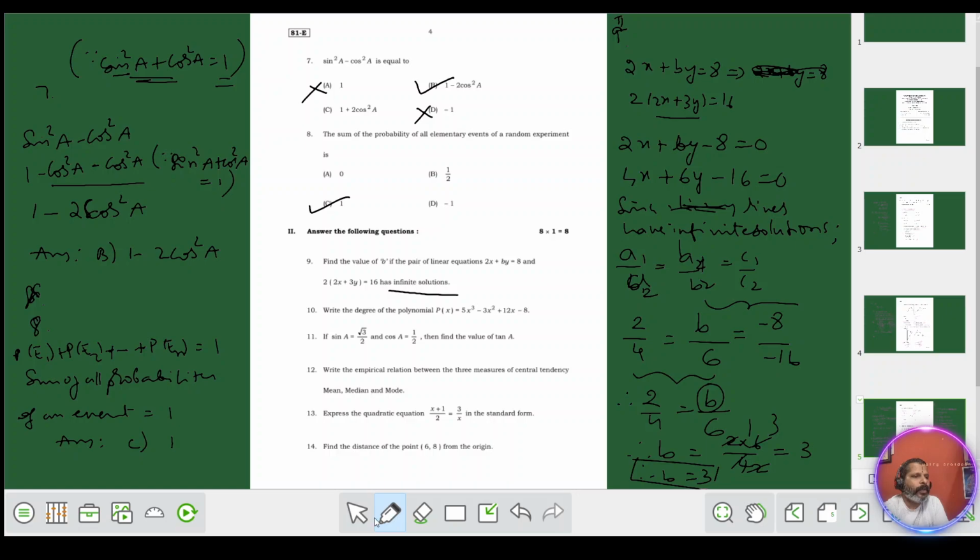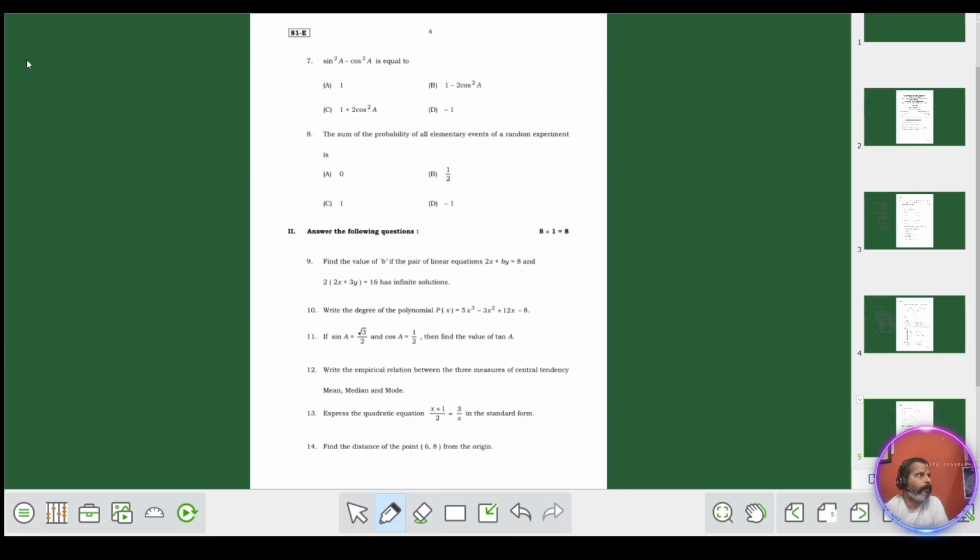We'll see the next question. That's why I always insist you learn the three conditions of linear equations in two variables properly. Tenth one. Write the degree of the polynomial. Let's first write the given polynomial p of x.